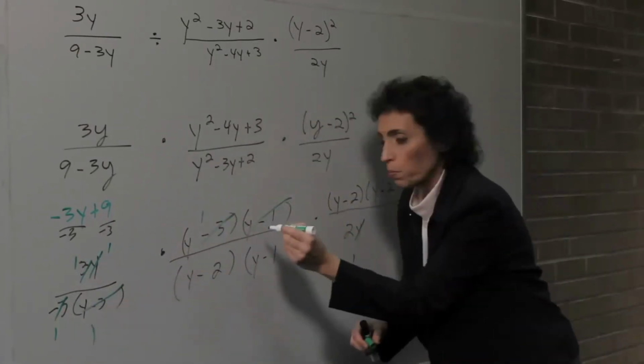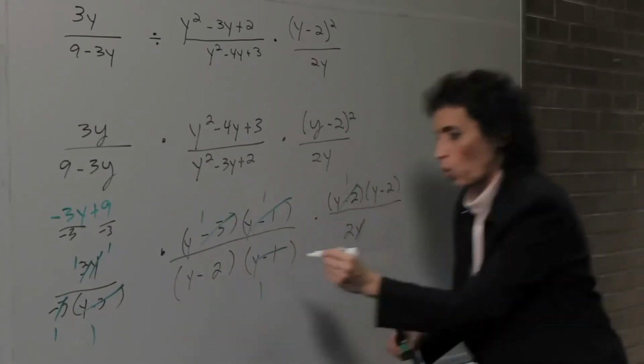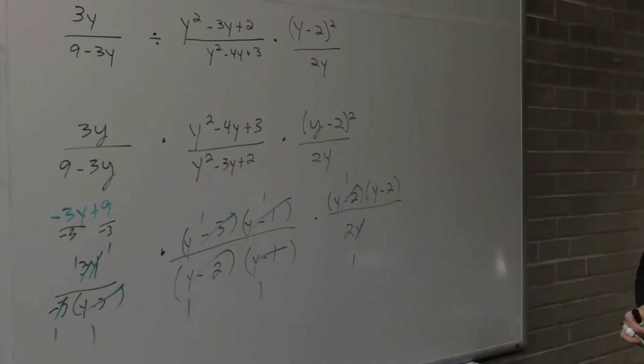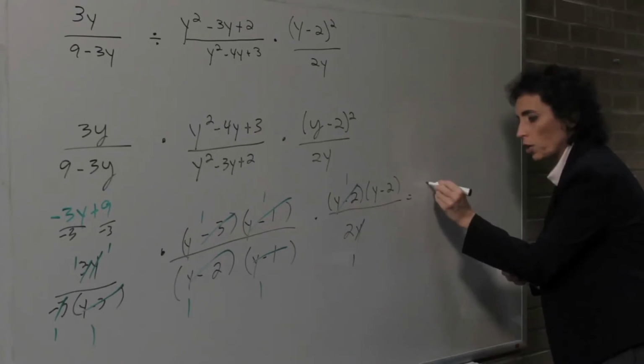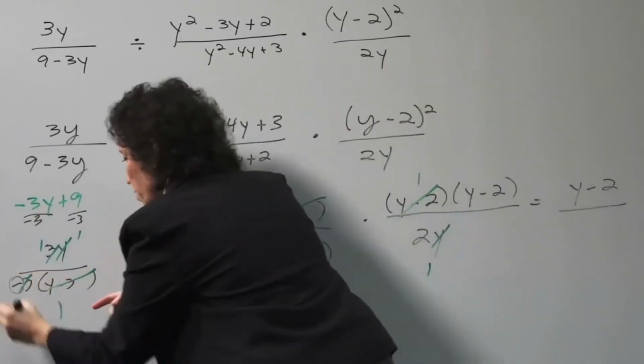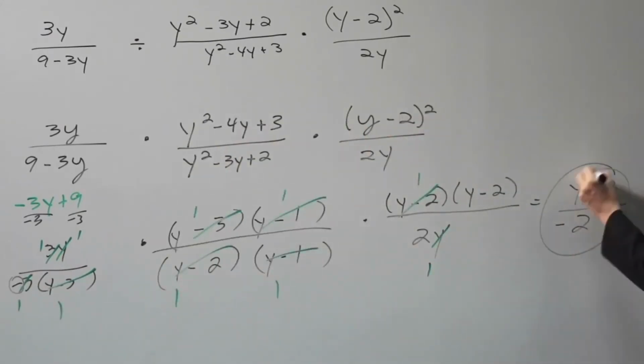Y minus 1, y minus 1. Y minus 2, y minus 2. Anything else? I don't see anything else. So on the top we have y minus 2, and on the bottom, don't forget this is a negative, we have negative 2. And that's it. I am done.